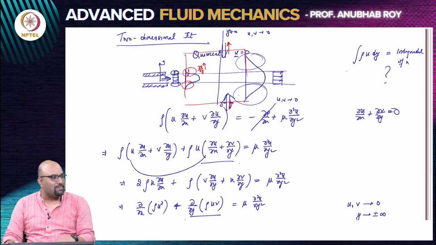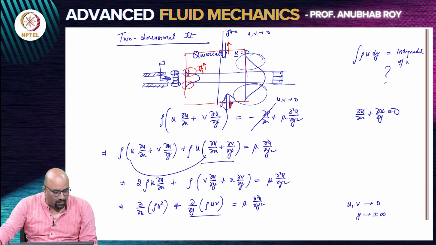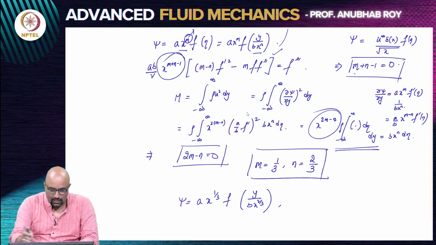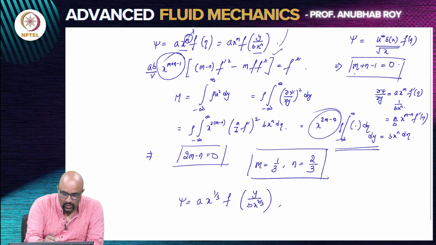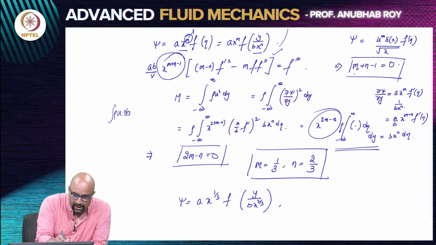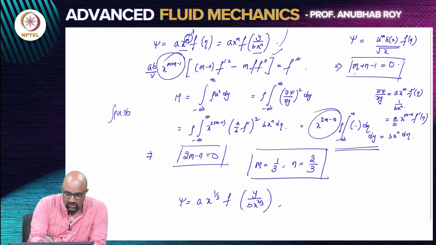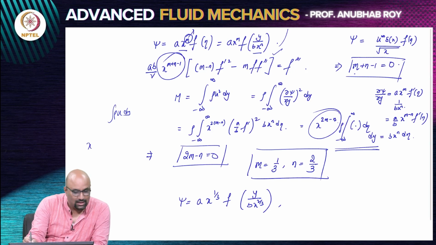And you can argue this mathematically, because we saw that rho u square dy was independent of x, and that gave us the exponents m and n. So now if you go back here, if this was not u square, but rho u dy, then this would have been x to the power, instead of 2m minus n, this should have been x to the power m.